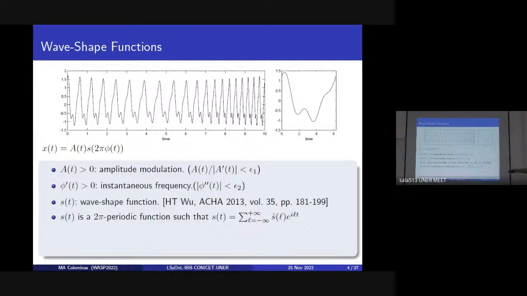And as a periodic function, it will have a representation as a Fourier series, where these S hat are the Fourier coefficients. Some properties about these coefficients are that there exists a real number delta such that the modulus of all the coefficients is bounded by some multiple of the first one.